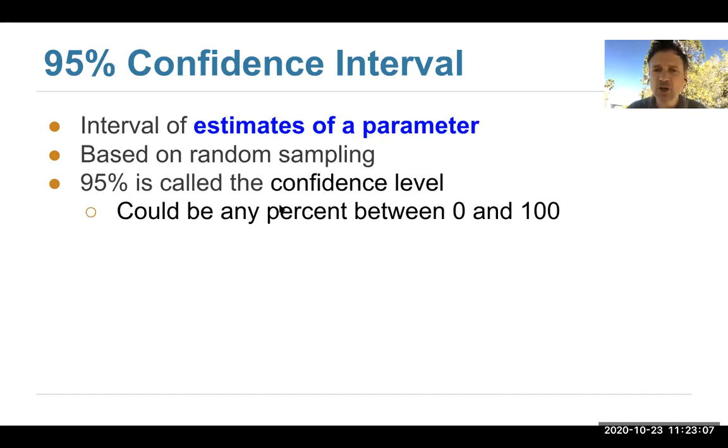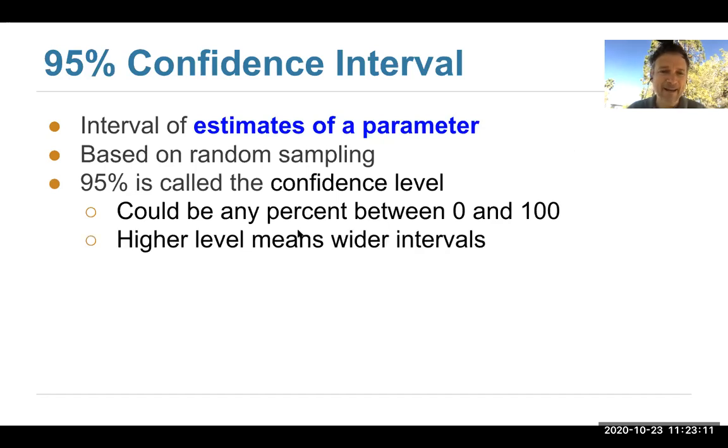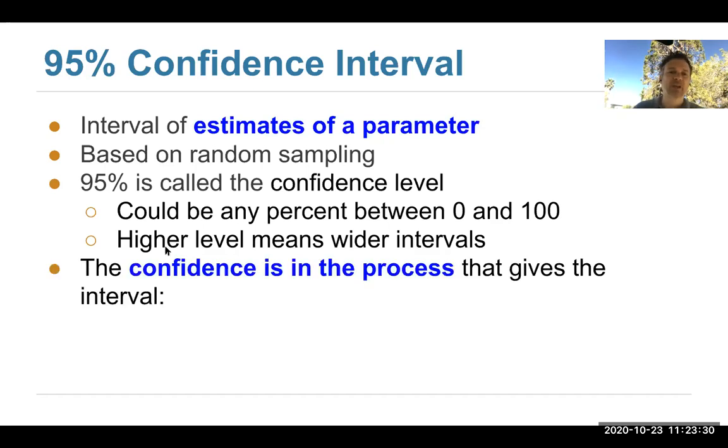This confidence level could be any percentage between 0 and 100%. And a higher level of confidence means it's more certain that my interval will be good. In other words, that the true population parameter will be somewhere in the interval. But to get higher confidence, I need a wider range. Okay.